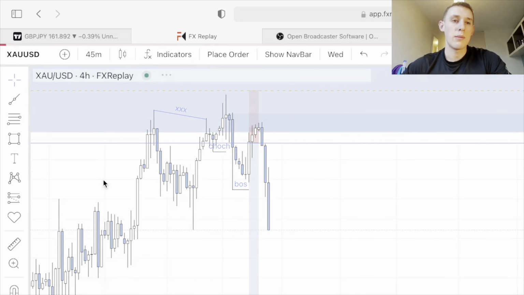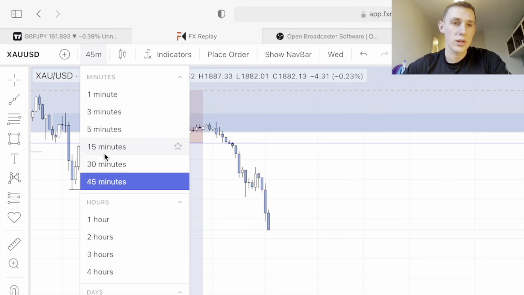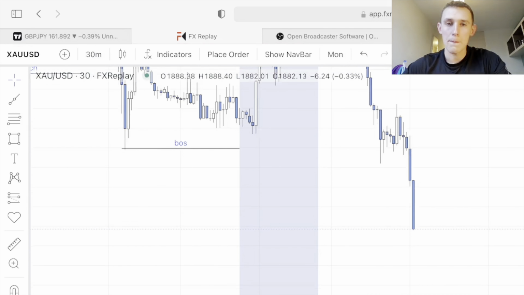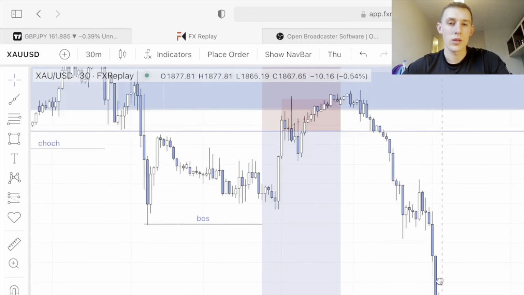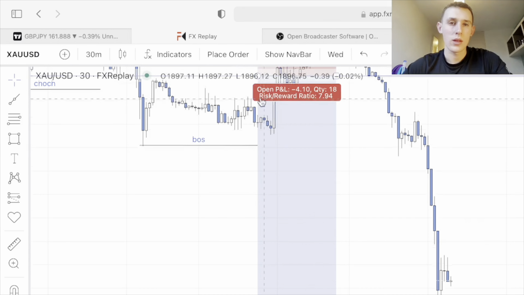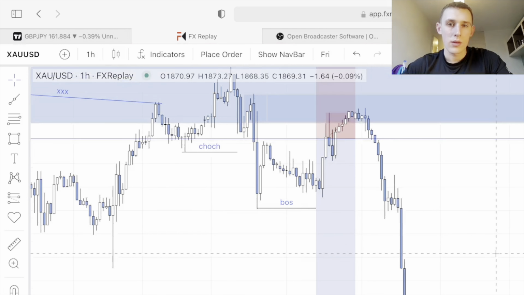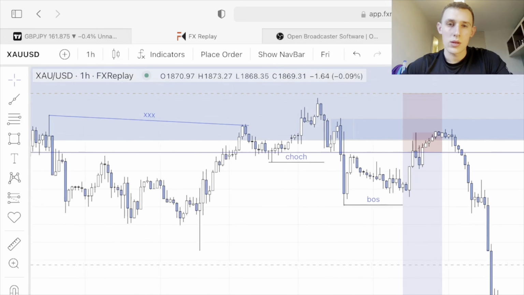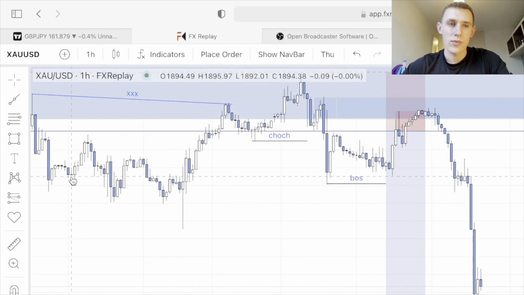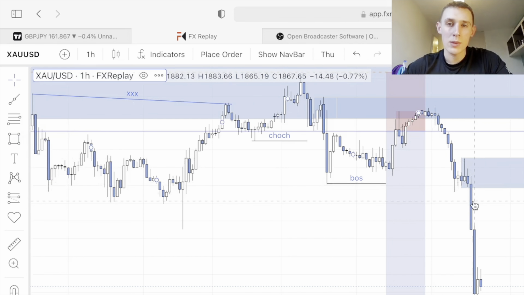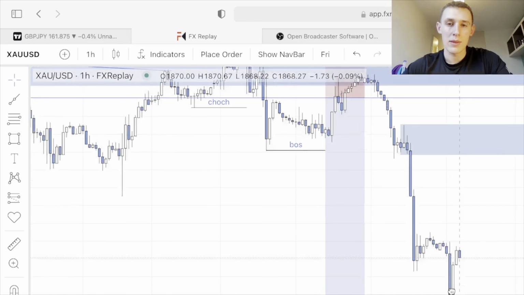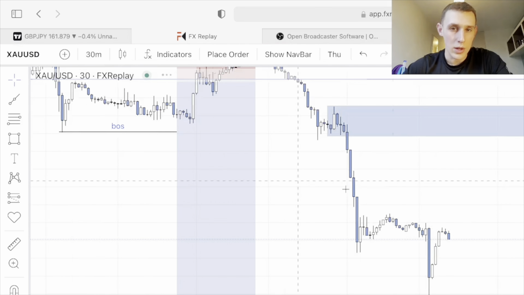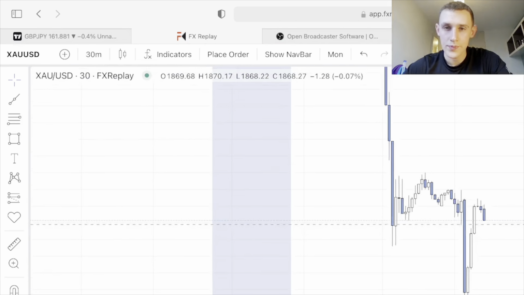I'm not seeing anything at the moment, but we'll keep playing price. We do have this level where price may want to react from. If it even wants to pull back there, which doesn't look like it wants to.